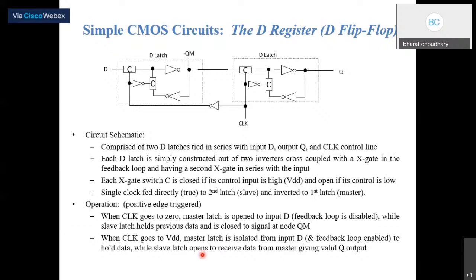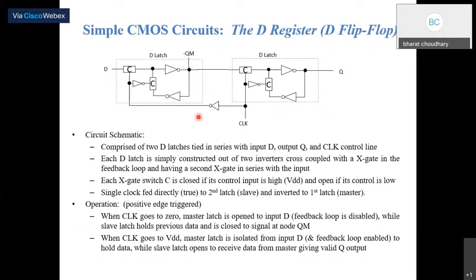Now this flip-flop is actually a sequential circuit, whereas a latch is basically a combinational circuit. So we will also be able to implement latches by using CMOS logic circuits.